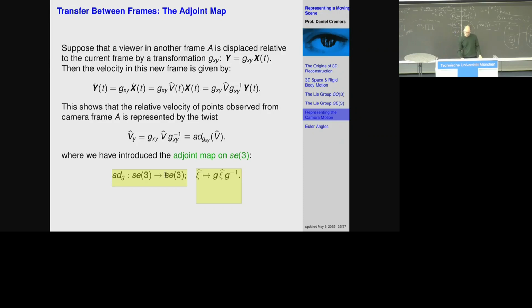Then you often end up with these adjoint maps. Nothing really profound, but you can see how the adjoint map comes about. It is a mapping on the Lie algebra that allows you to move from one element of the Lie algebra to another one.